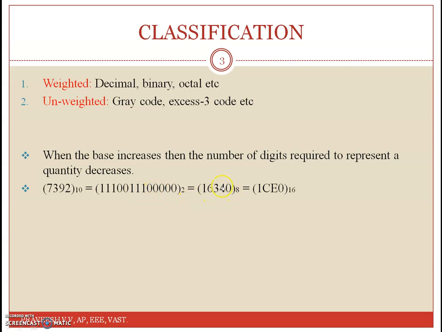If it is represented in octal, where the base is 8, which is less than decimal but higher than binary, it will have 5 digits, which is fewer than binary but more than decimal. And if I represent it in hexadecimal, I will only require 4 digits.